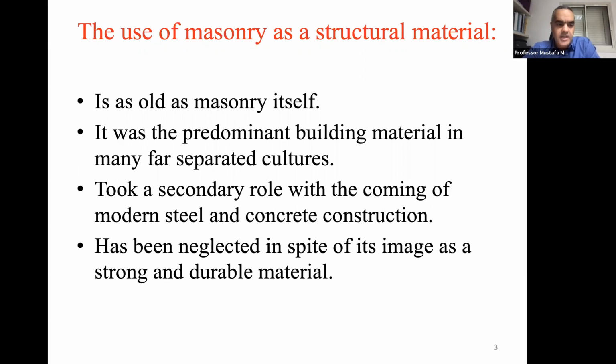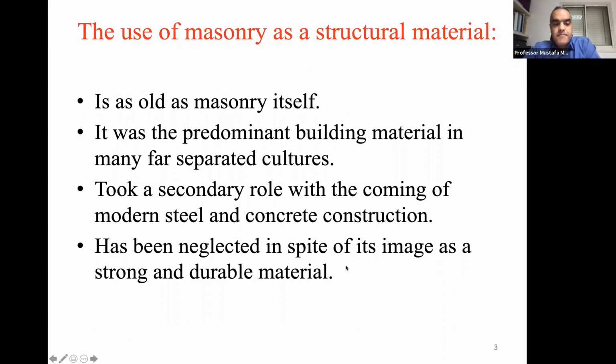But still, until now, even in tall buildings, we do have some masonry elements, but they are secondary elements that are used for different purposes, not necessarily for supporting a main element in the structure, such as a slab, or the wall that's supporting slabs, or a beam that's supporting slabs.